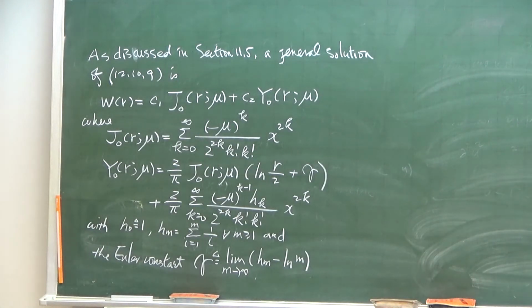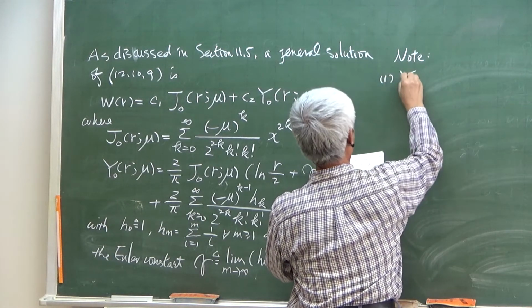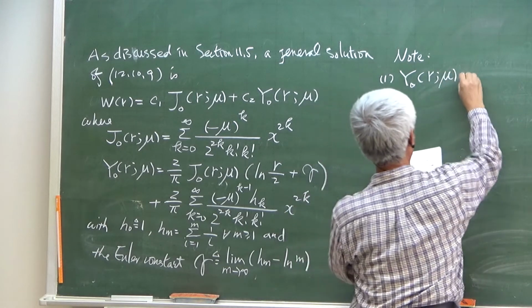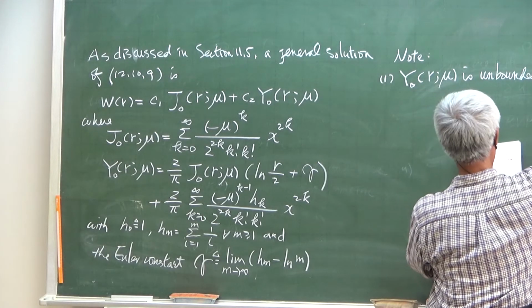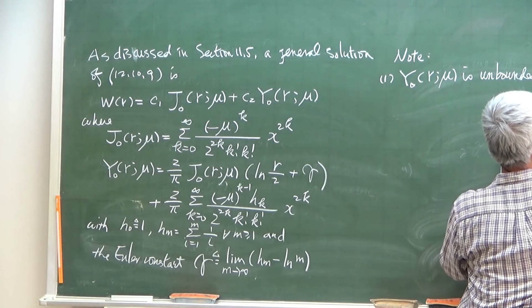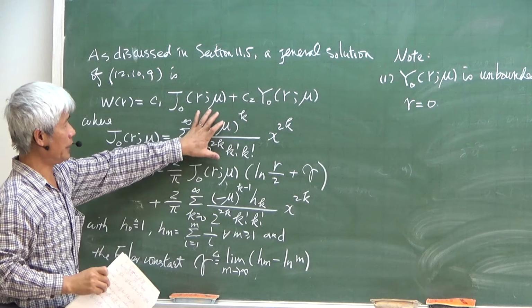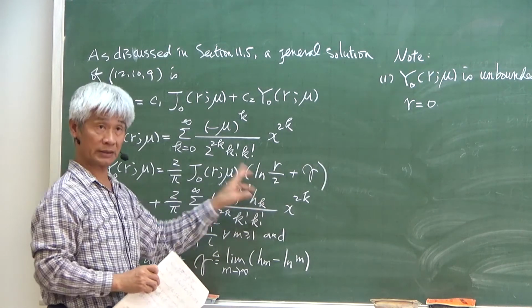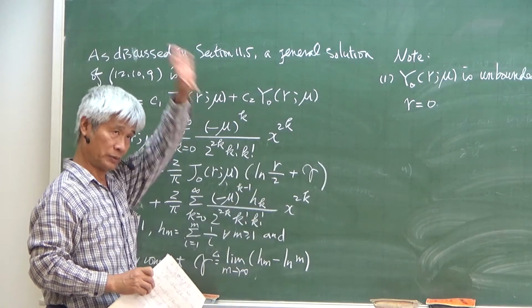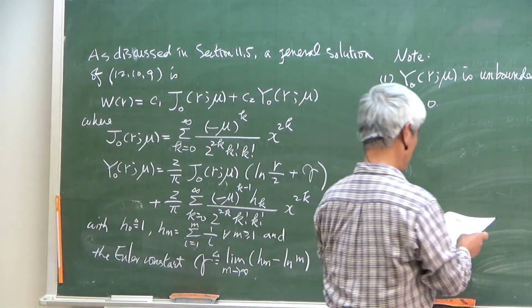But note that Y0 is unbounded near the endpoint r equals 0. Why? We know by the root test that J0 always converges, so this is finite. But when r is 0, the logarithm is minus infinity, so it explodes because of this term.